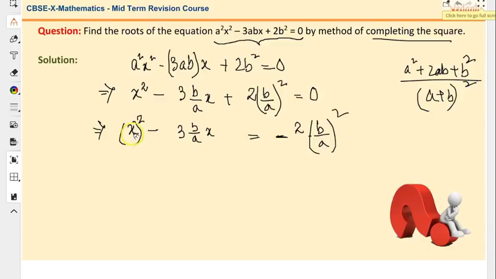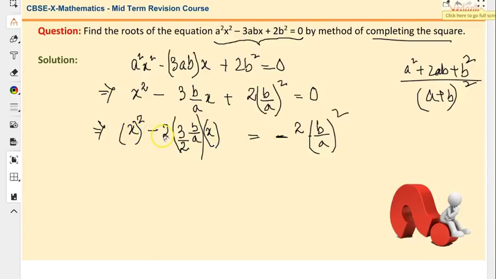So say this is x square, that means this is a square, something, and into 2. Now I need this 2, so let me put this 2 here. If I multiply by 2, I have to also divide by 2 so that it is balanced. Now I got something like this and something like this.